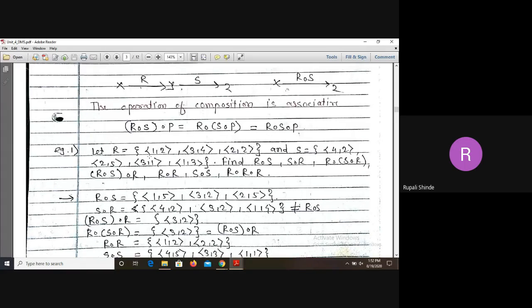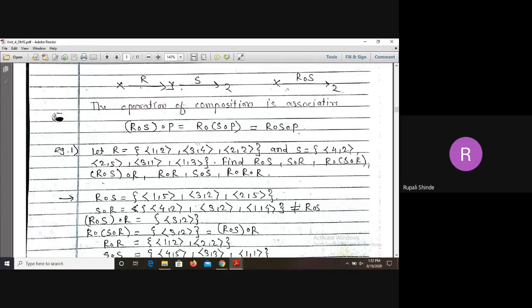Okay. Now first see what is the ordered pair in relation R, and that ordered pair is 1, 2. So now we have to find such an ordered pair in S composition R whose first element is 2. Now check whether there is any ordered pair whose first element is 2. No, there is no such ordered pair.